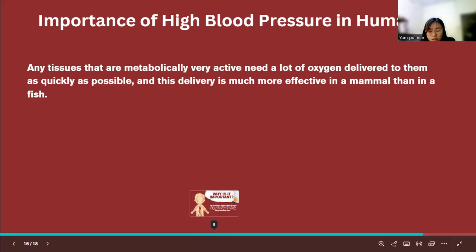Because of the high pressure, this ensures that the oxygen will reach our cells at a very fast pace. While in fish, the blood reaches tissues more slowly because after passing through the gills, it's at very low pressure.